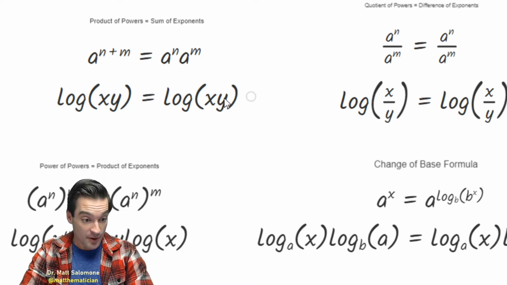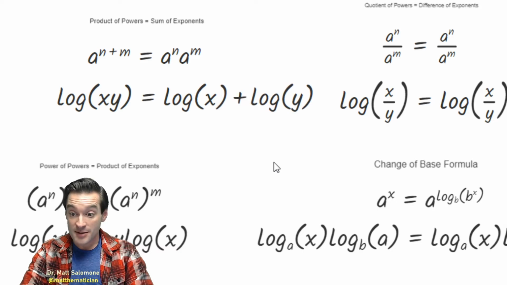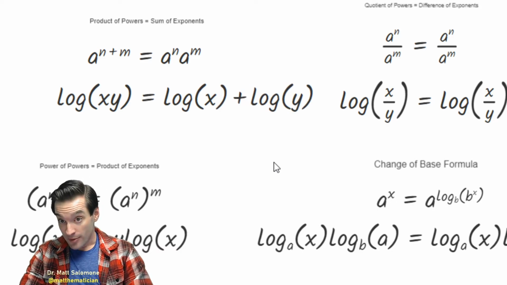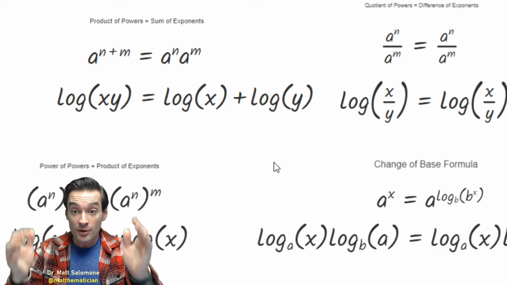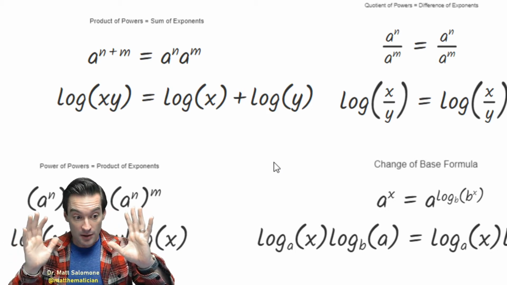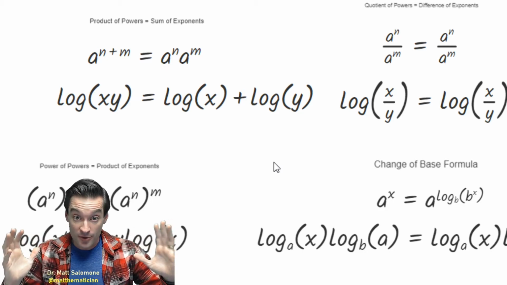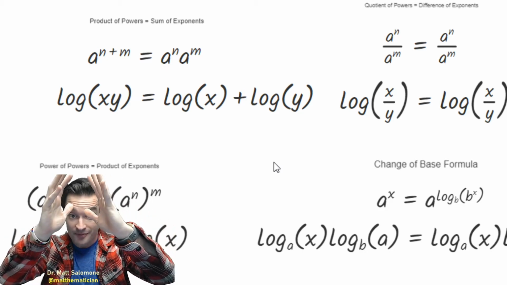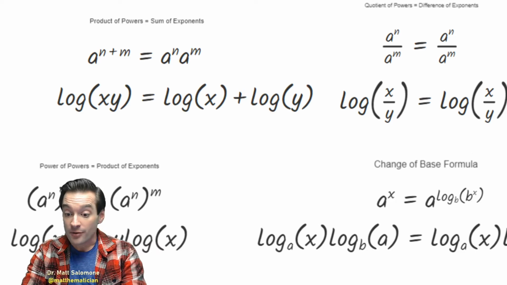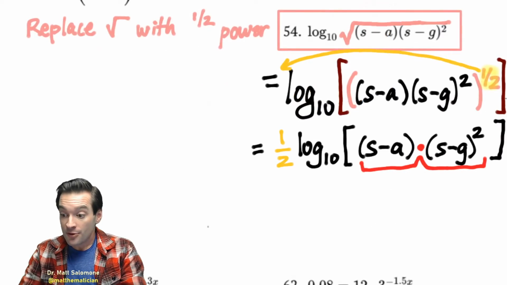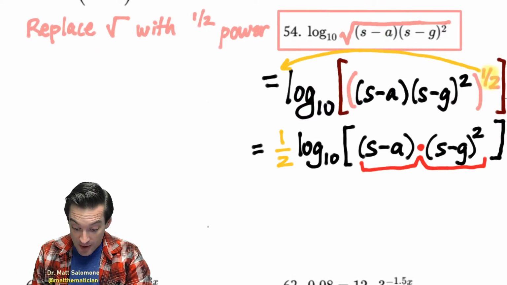And for that same reason, when I take the logarithm of a product, it's the same as the sum of the logarithms. Exponentiation turns a sum into a product, and for that same reason, logarithms turn a product into a sum. Because after all, the two are inverse functions to one another. So that multiplication happening on the inside of my log turns into addition happening on the outside.